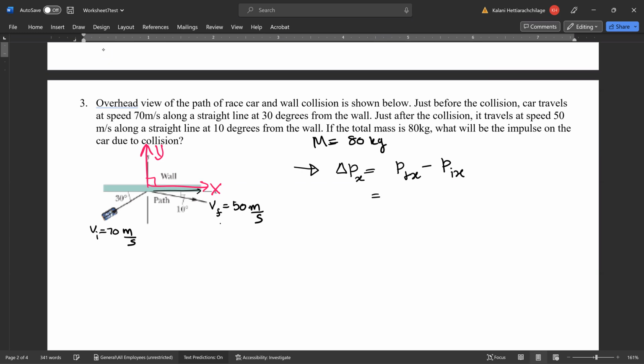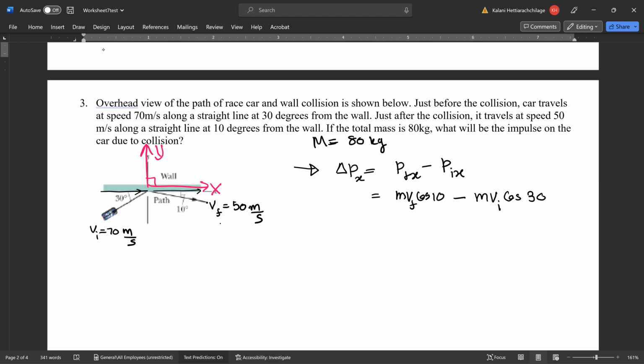So final will be m V final, as I labeled, that is this vector, the momentum vector, times cosine of 10 in there, right? And then minus the initial momentum in the x direction. You see that I need this vector, right? Moving in this direction, that's also in the x direction, that will be mass times V initial times cosine of 30.